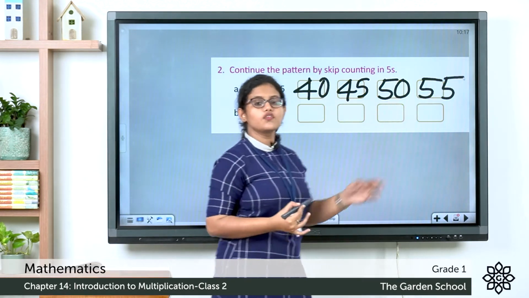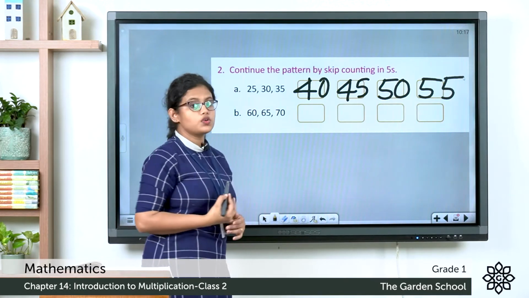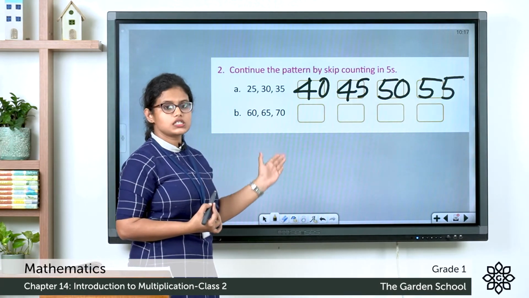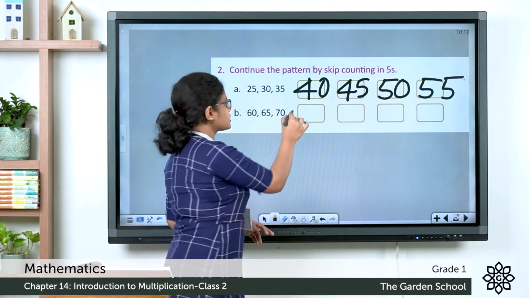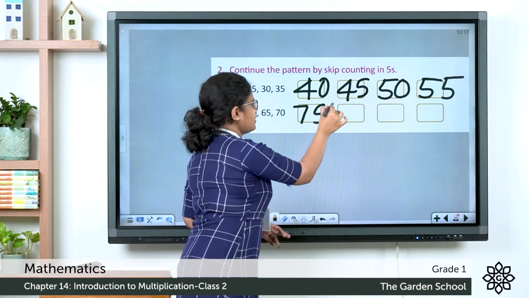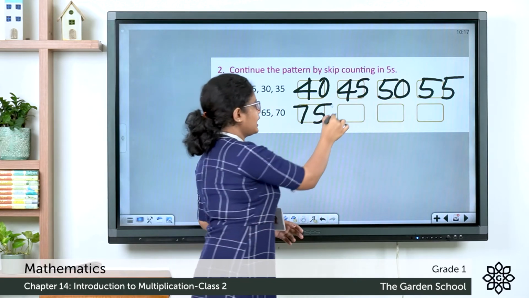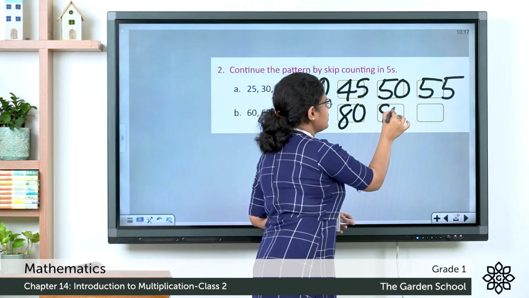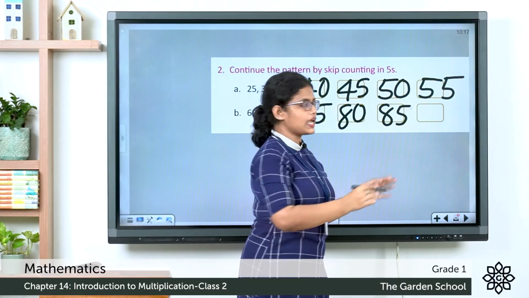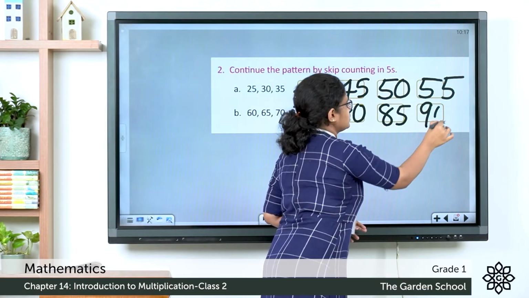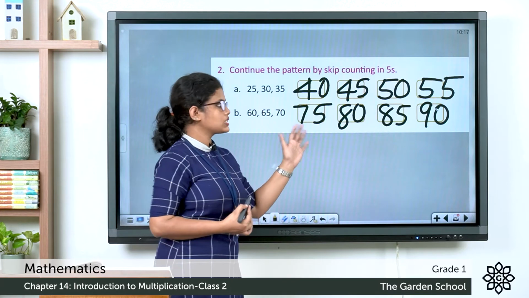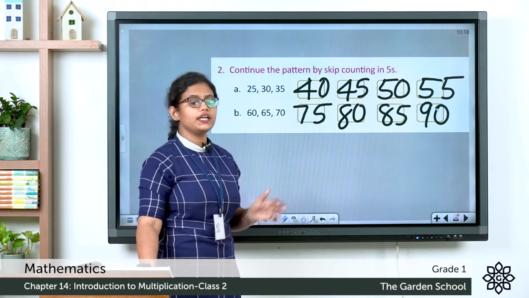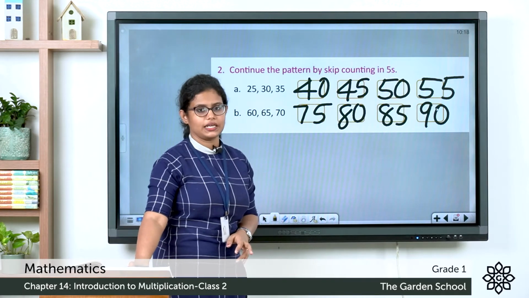What about the next one? 60, 65, 70. What comes next? 75, 80, 85, 90. So this is skip counting in fives, skipping 5 numbers at a time.